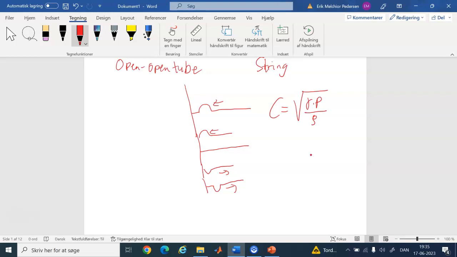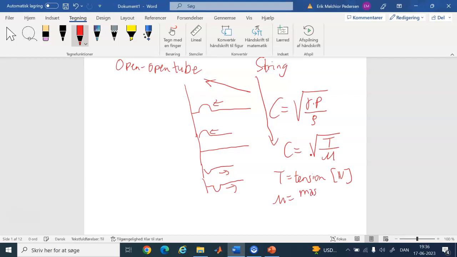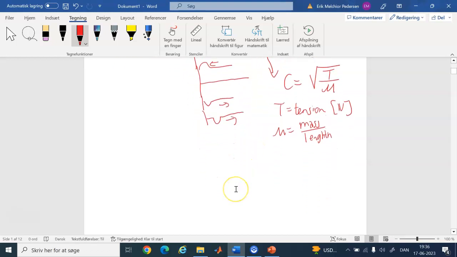And for a string, c is the square root of T divided by mu, where T is the tension in Newtons and mu is the mass per length. We will use it later.